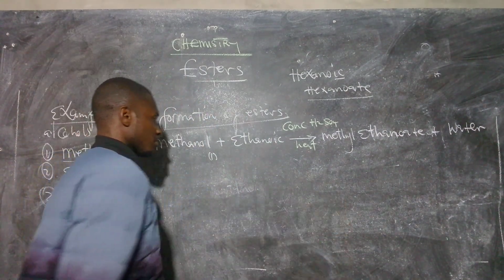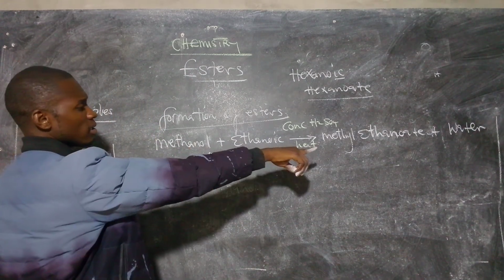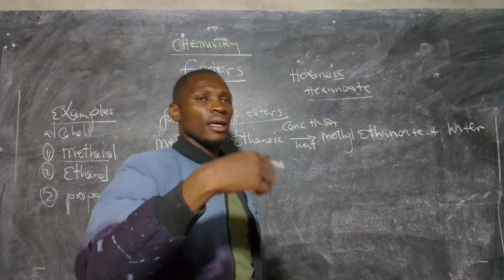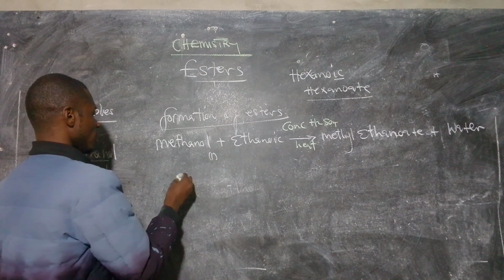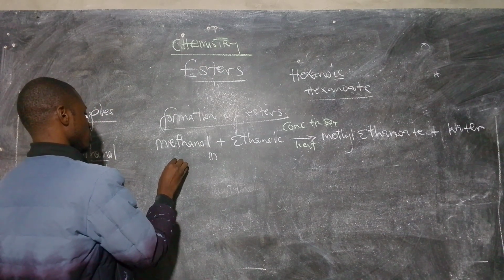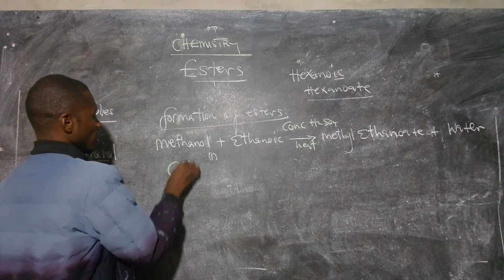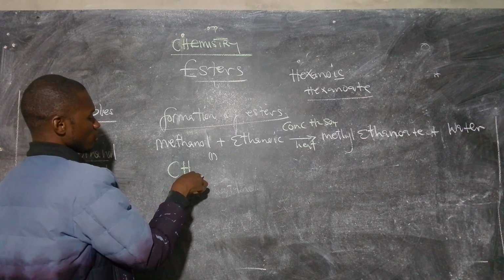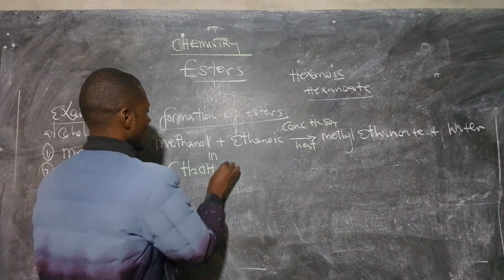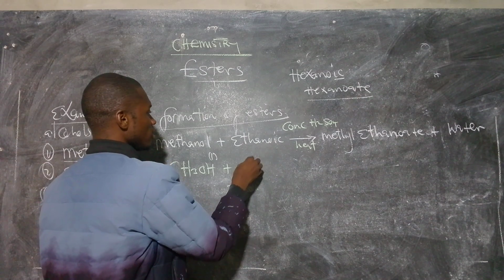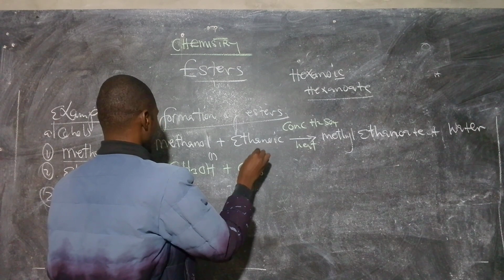So from here now, we can write this into the chemical equation. So methanol is number 1, so it is C, which is the first one, then 2 times 1 plus 1 to give us 3, then OH, plus ethanoic acid, so number 2, so CH3, I guess.